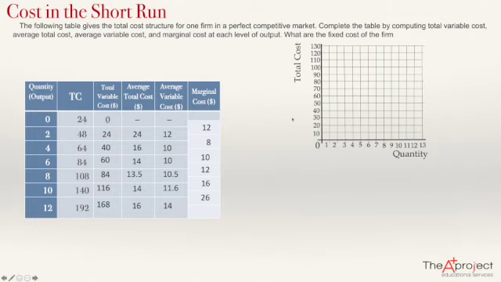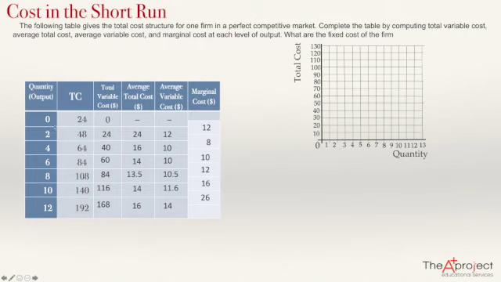So now we can do a graph for each of these. For example, for the total cost. What we need to do is just make in a Cartesian diagram a point for each point of the total cost schedule. And remember, the independent variable here will be the quantity, and the dependent variable will be the cost.